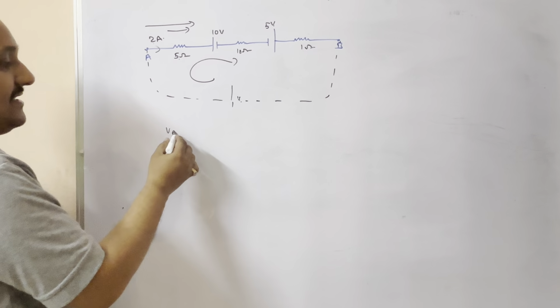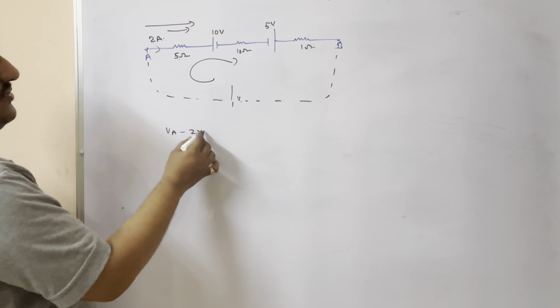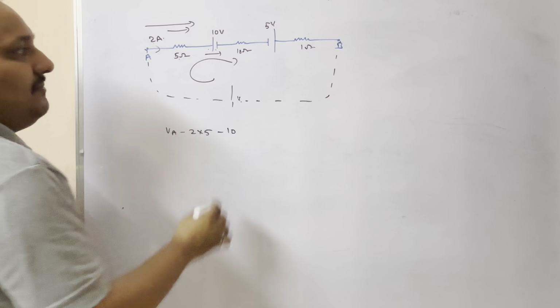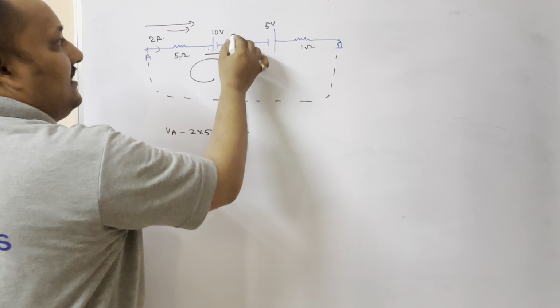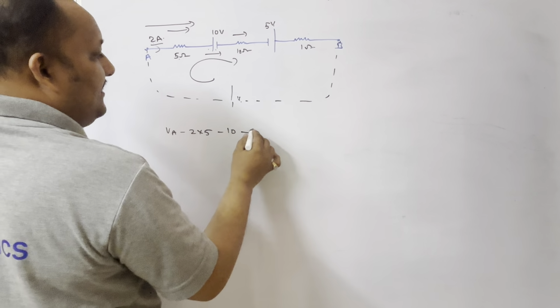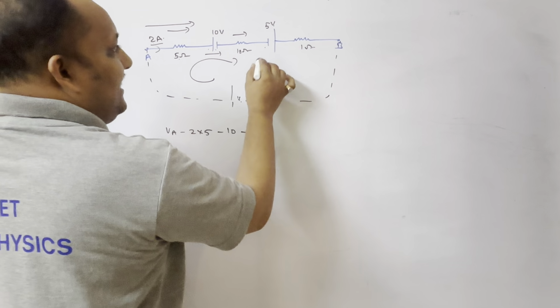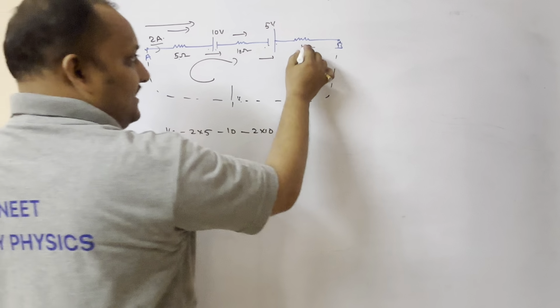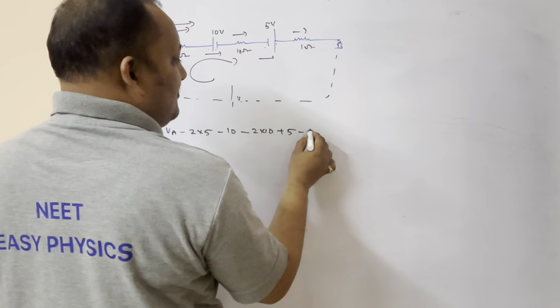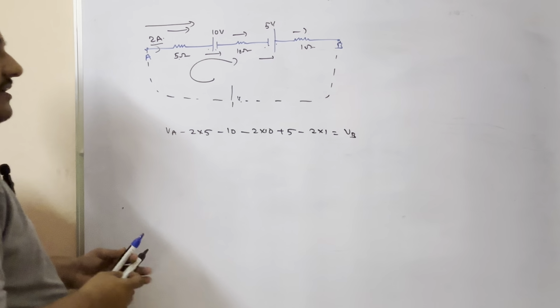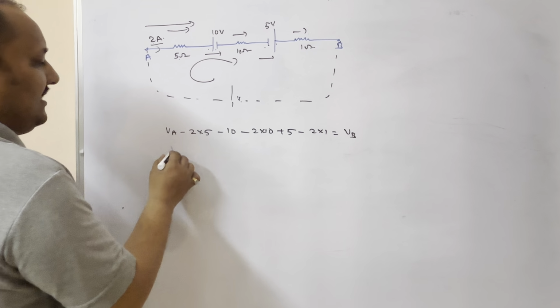VA minus 2 into 5. So battery positive to negative, therefore minus 10. Next, current is going like this, 2 amperes, loop also going like this, 2 into 10. So battery negative to positive, therefore plus 5. Next here, current is going like this, loop is also going like this, therefore minus 2 into 1 is equal to VB.